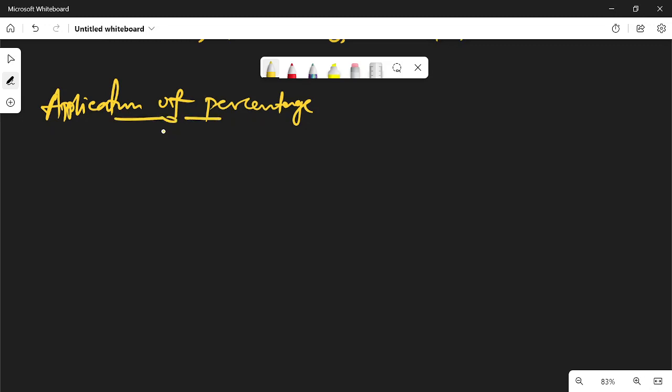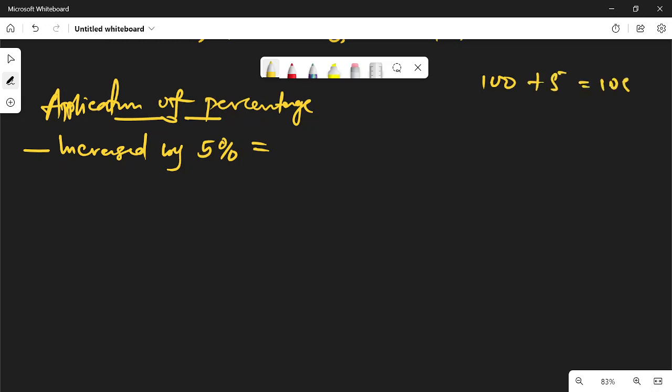So if they said percentage increase, let's say something increased by 5%. If something increased by 5%, what does it mean? When something increased by 5%, what it means is that the normal percentage is 100. When you add 5 to it, it becomes what? 105.